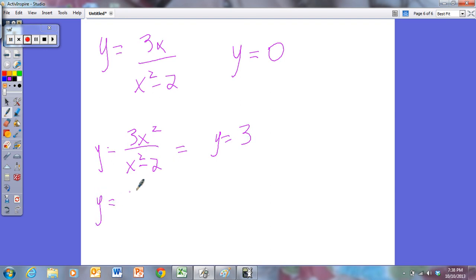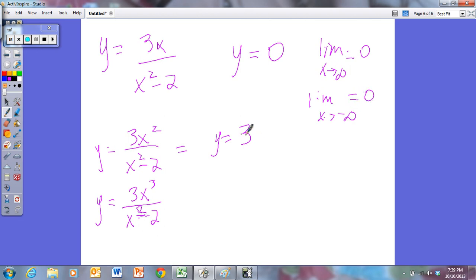For the function y equals 3x cubed over x squared minus 2, in this case, there is no horizontal asymptote. So back up, hold on, back up. For this one, the limit as x approaches infinity is 0, and the limit as x approaches negative infinity is 0.